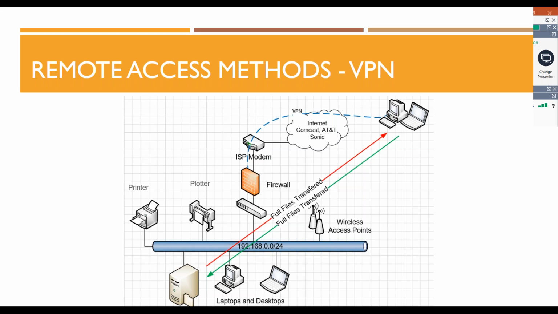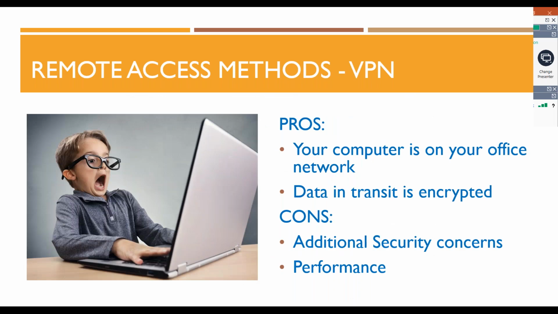So some of the drawbacks of VPN is that there's additional security concerns because your computer acts as part of the network. So you want to make sure that you're using a company provided computer, or if you're using a home computer, you have similar security tools that your company installs for your work computers as well, like antivirus, URL filtering, and additional things, so that you don't bring any bad software or viruses onto your network.